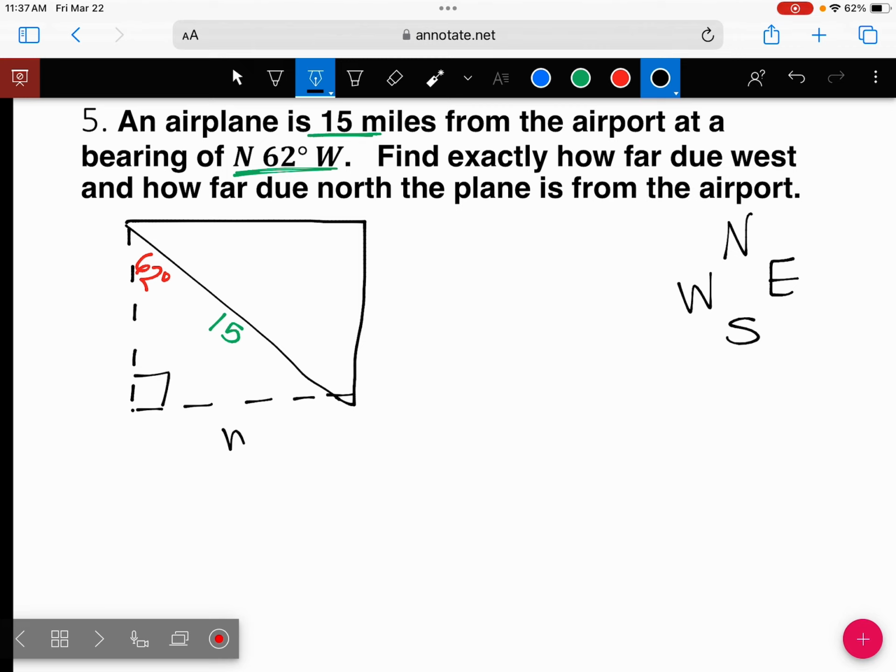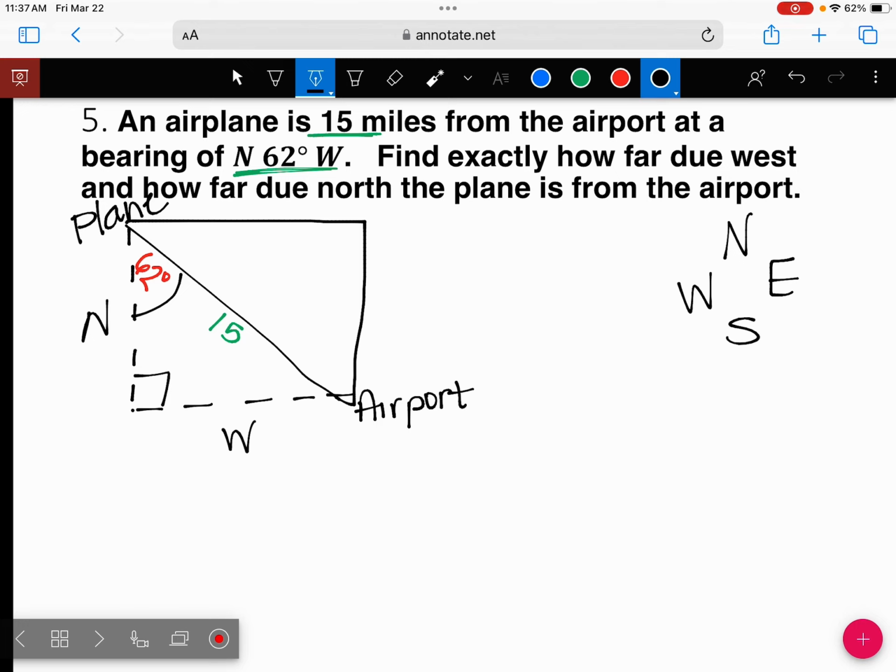And I need to figure out how far west and how far north this airplane is. So this is my airport. And this is my plane. So we need to use two different trig ratios in order to find this.